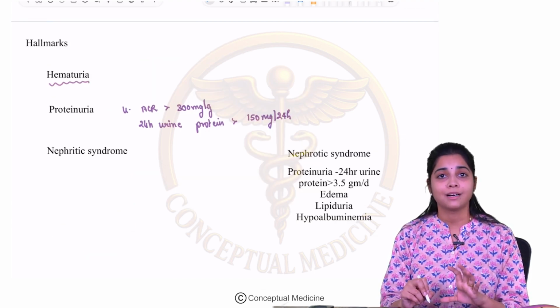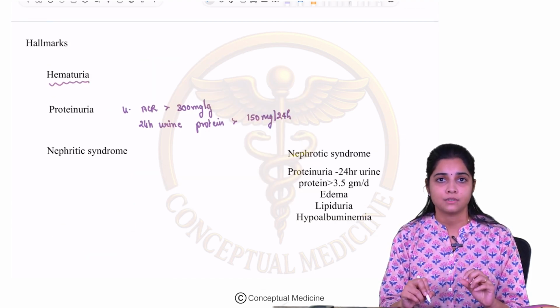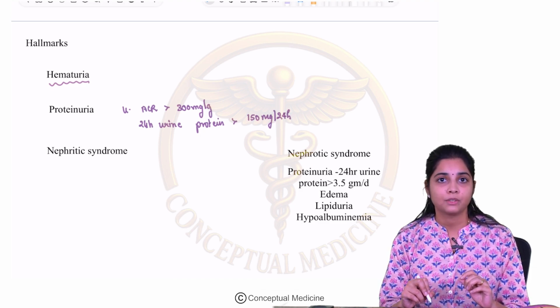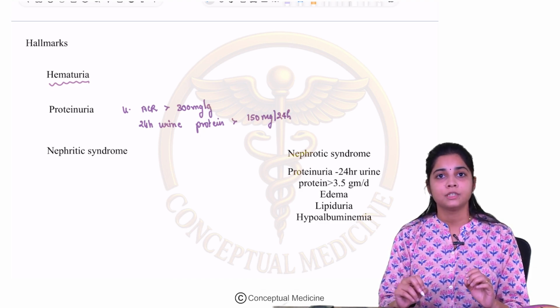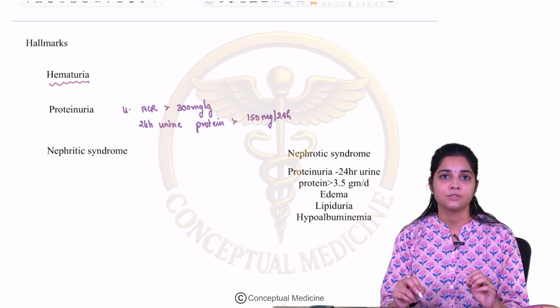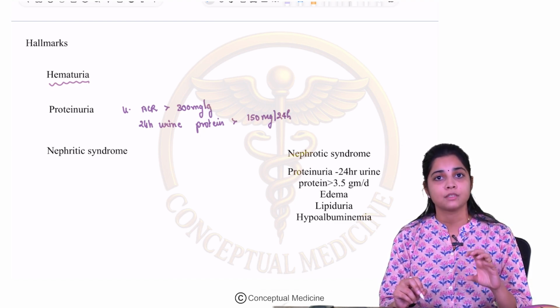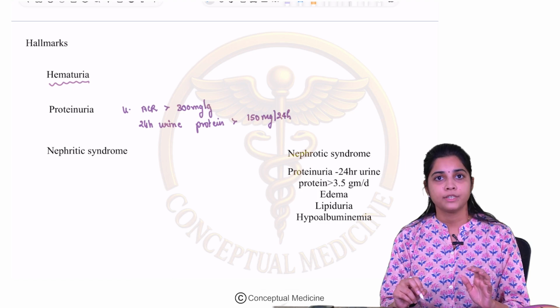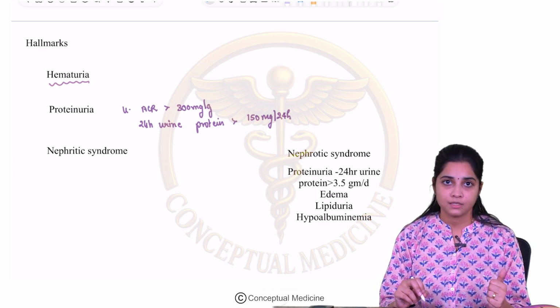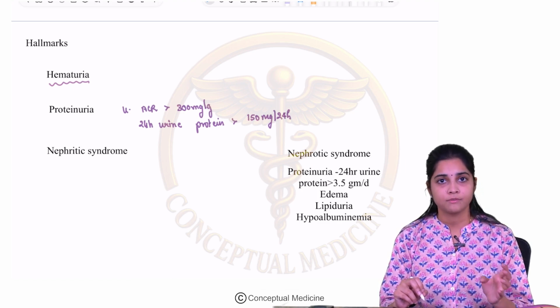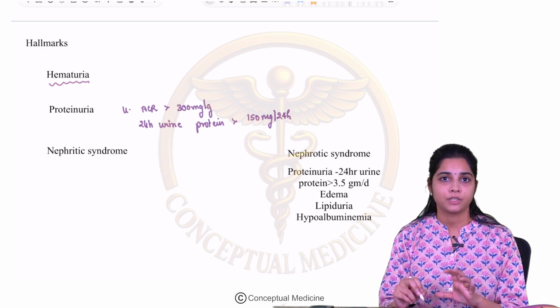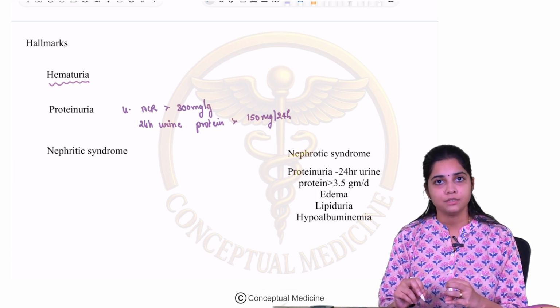Now, what are the hallmarks of a glomerular disorder? We have learned in the chapter on AKI that the diseases which cause acute kidney injury can be due to disease processes which affect each compartment: the glomerulus, the interstitium, the tubules, and the vasculature.